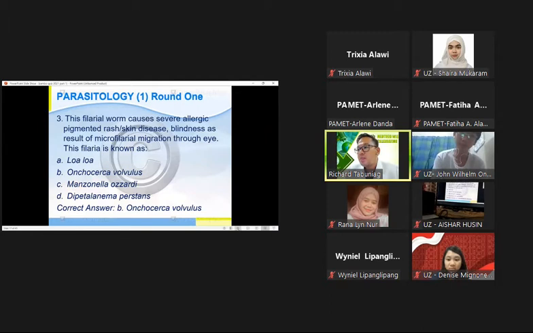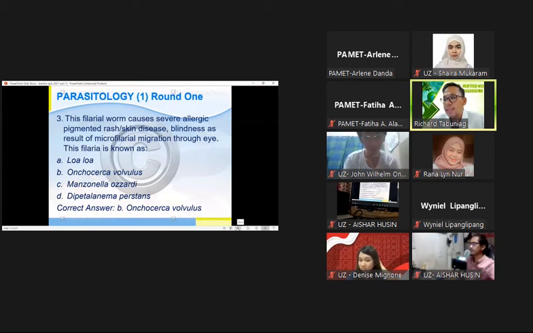This filarial form causes severe allergic pigmented rash, skin disease, blindness as a result of microfilarial migration through the eyes. This filaria is known as A. Loa loa, B. Onchocerca volvulus, C. Mansonella ozzardi, and D. Dipetalonema perstans.